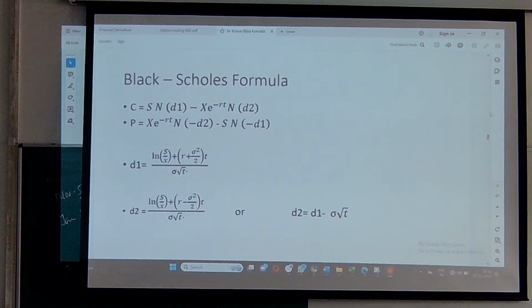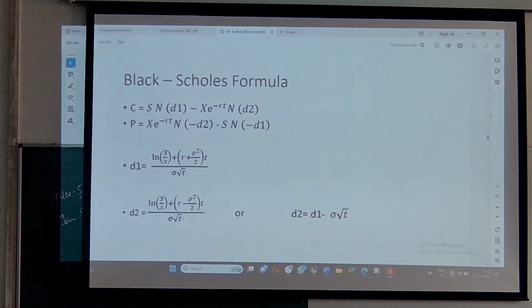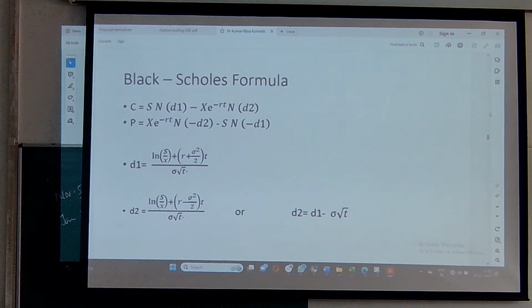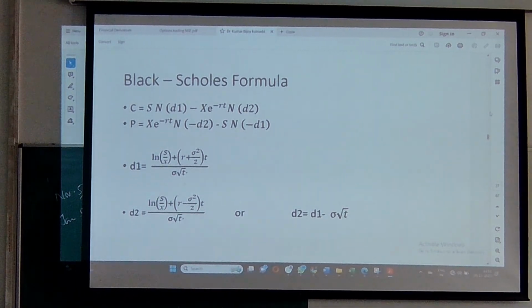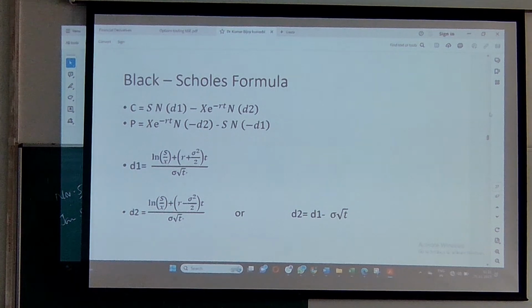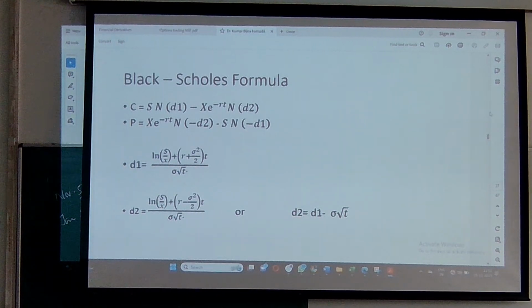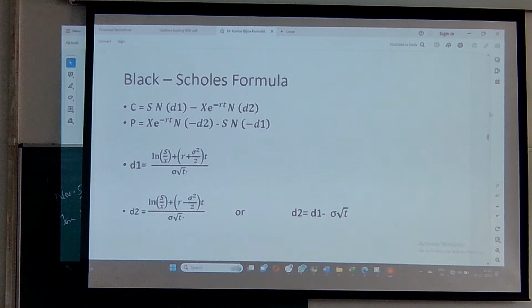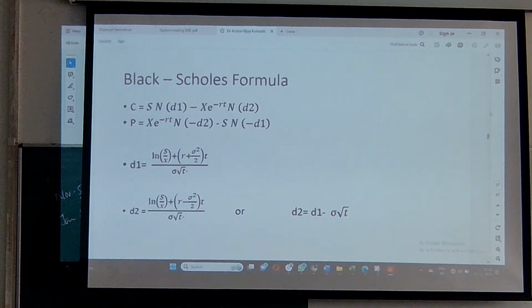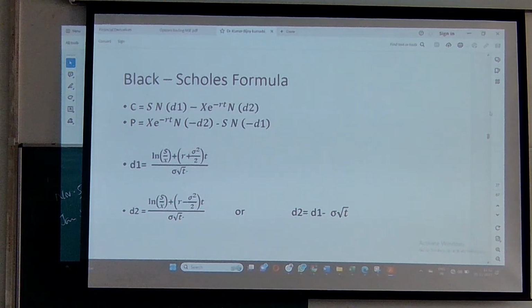Go back to the call premium formula. S is 100. Write down quickly. S is 100. ND1 is how much? 0.6064 minus X is 105 into e to the power minus RT. How much value had you got for e to the minus RT? 0.93 or something like that. 26 multiplied by that, your ND2 just now you have got. How much was ND2?